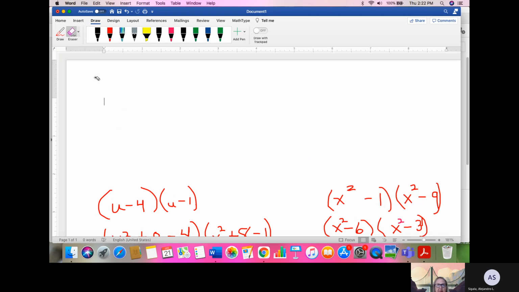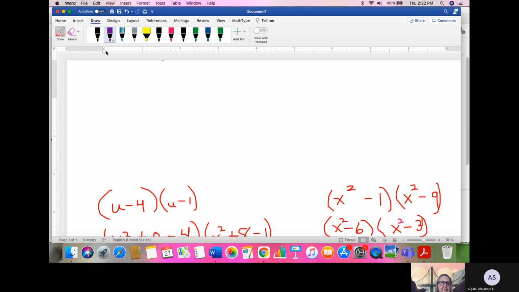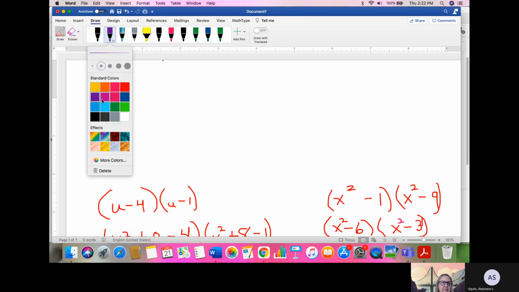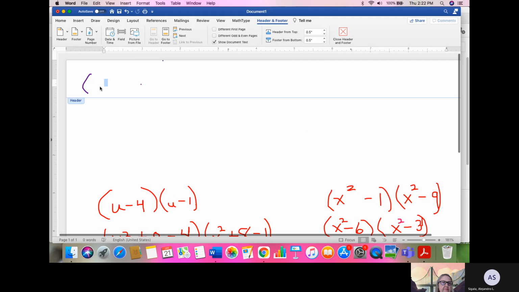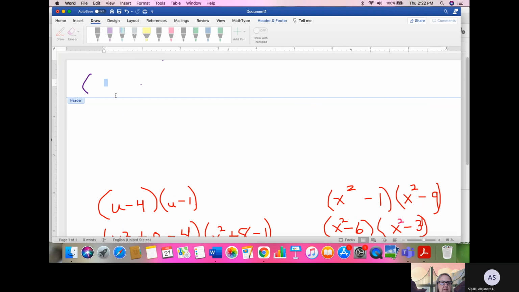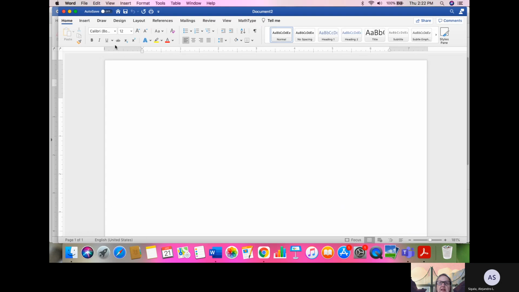All right, so we've got x plus 5 squared. Tell me if I write something that's not correct. Somehow it got in the header. That's so funny. New document. Now I remembered where to put it.